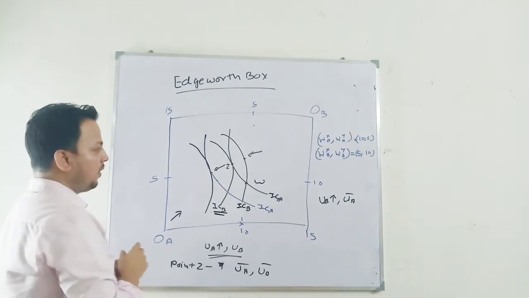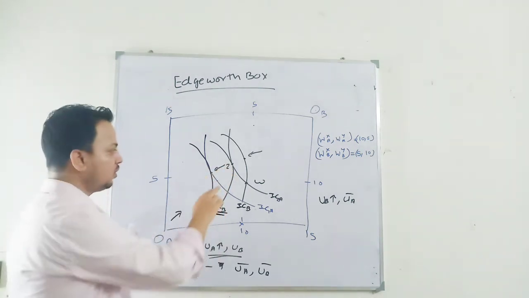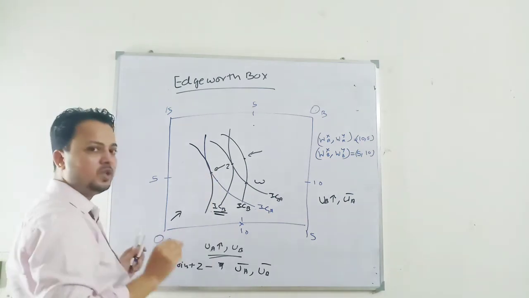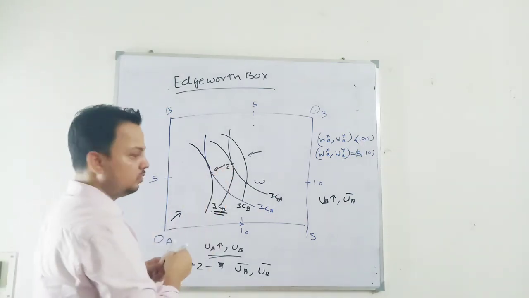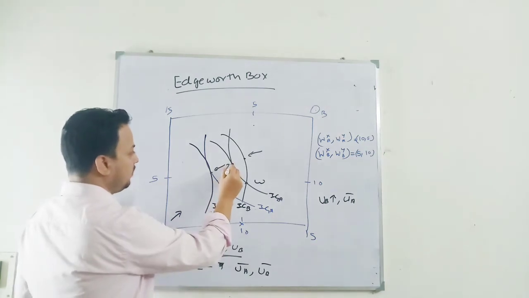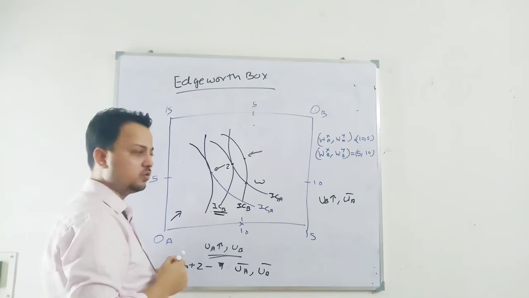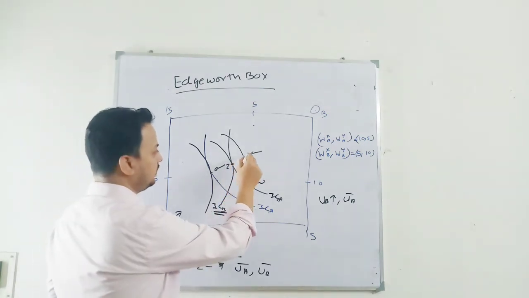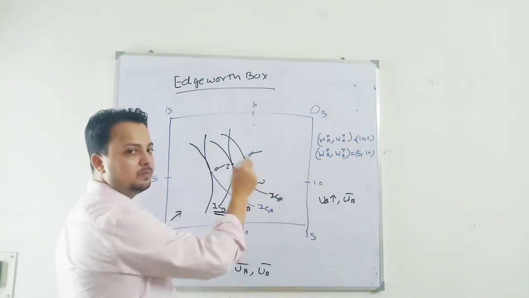Why is it Pareto efficient? Because it is not possible to make someone better off. I cannot make B better off without making A worse off. Look at point 2. If I want to make B better off, I need to make A worse off. Look at point 3. When I am moving the indifference curve of A, I am making B worse off.